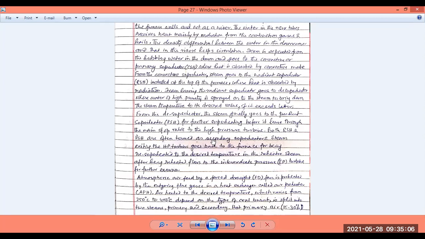There are actually three superheaters, one primary and two secondary, and in the secondary superheaters it is being heated, and in between the radiant superheater and the pendant superheater we have desuperheating by injecting pure water to control the temperature of the steam up to a desired limit itself.